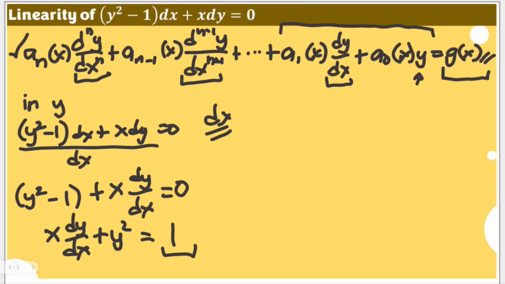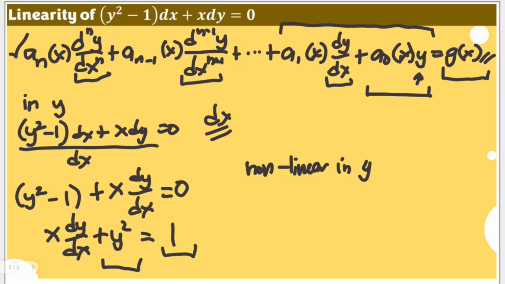However, this term alone, y squared, is automatically non-linear in y, because our linearity requires y, together with all the order of derivatives of y, to have exponent 1. And since we have y squared here, it doesn't fall into that criteria.